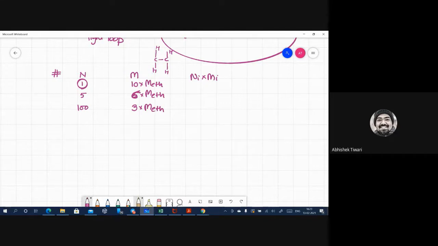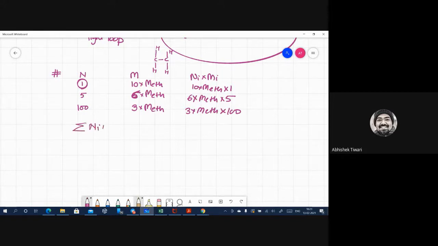So for the first one, I will have 10 into m into 1. For the second one, I will have 6 into m, the mass of one chain, multiplied by the number of chains, and then 3 into m into the number of chains, which is 100. And then I sum all this.